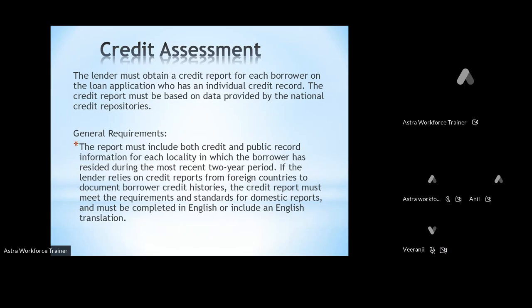If you have any late payment or delayed payment, everything will be available in the report. So like the CIBIL report, the US also has what is called a credit report. In India, we call it the CIBIL report, but in the US they call it the credit report.